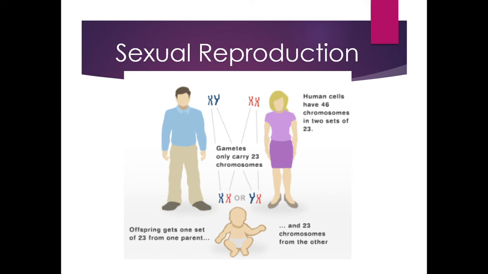Offspring gets one set of 23 chromosomes from one parent and 23 from the other. Just like I mentioned, 23 chromosomes inside the sperm from the father and 23 chromosomes inside the ova of the mother.